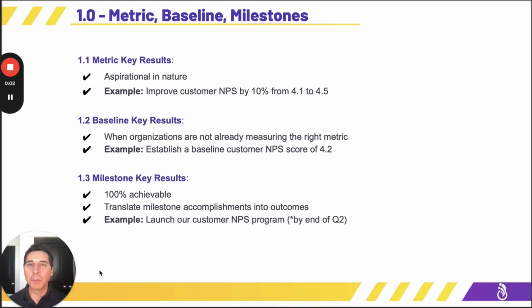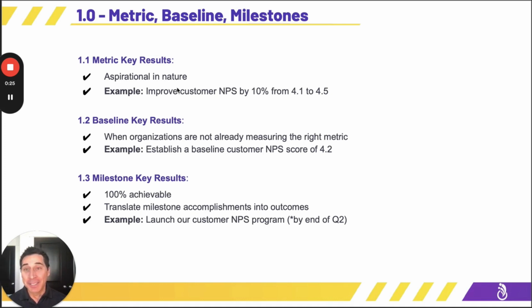So before we jump into the scoring methods, we want to revisit a few definitions. In particular, the definition of a metric key result, a baseline key result, as well as a milestone key result. Okay, so metric key results are key results that are aspirational in nature, right? These are the moonshots that we're taking. These are those key results that put us out of our comfort zone.